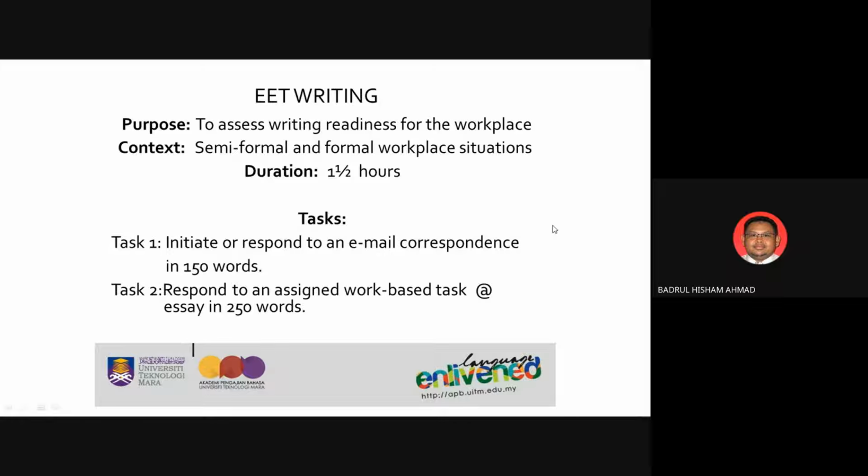Because you will only sit for the test in your final semester. So all you have to do now is to plan for the current semesters first, but later you will have to think of when you are getting ready for the EET test.